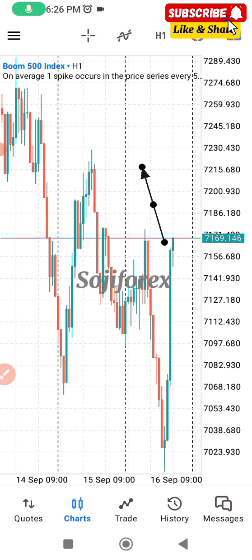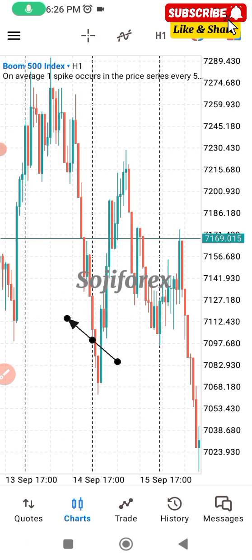Number 2 is using trend line. Using trend line has to do with a connection of a technical tool. What that means is that you don't necessarily need to get a higher high and a higher low. All you want to see is price movement from a particular zone such as this.